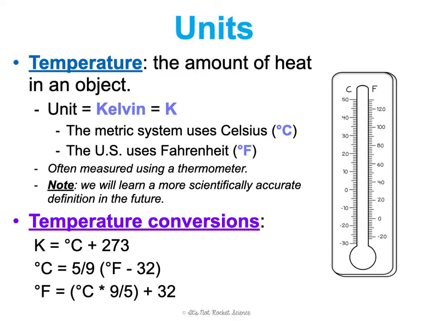The next conversion that we have is going from Celsius to Fahrenheit. So with going from Celsius to Fahrenheit, we have degrees Fahrenheit equals degrees Celsius times 9/5 plus 32. Again, like I said, I am not a fan of fractions.